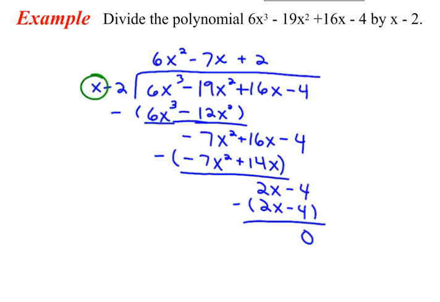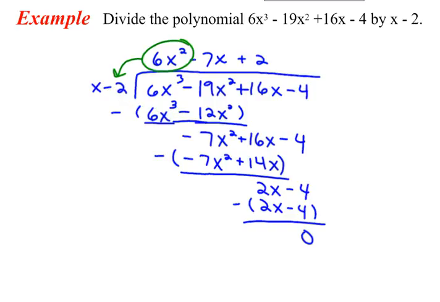Well, 6x squared times x gives us 6x cubed. Alright, now, the next thing that we do here is we also take the 6x squared and we multiply it by the negative 2. So 6x squared times negative 2 is negative 12x squared.